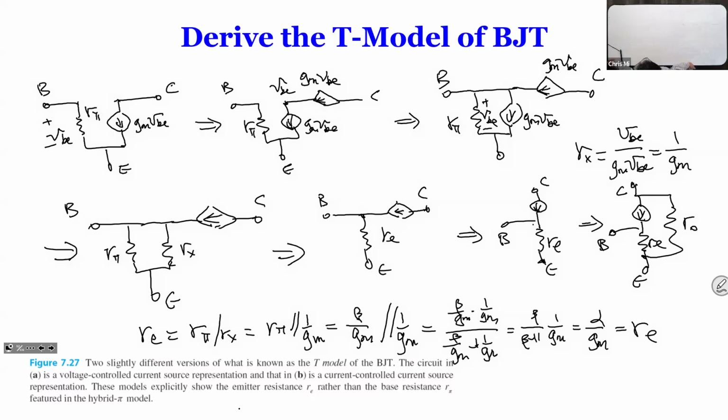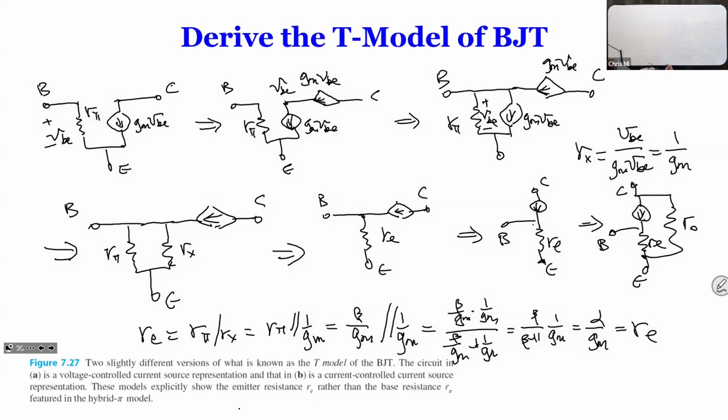At this point, I often get asked by students, well, now you're telling me there's a T model, there's a pi model, this pi model without RO, this pi model with RO. How do I choose? I guess the rule of thumb is that, first of all, if you are given VA, you always include RO.